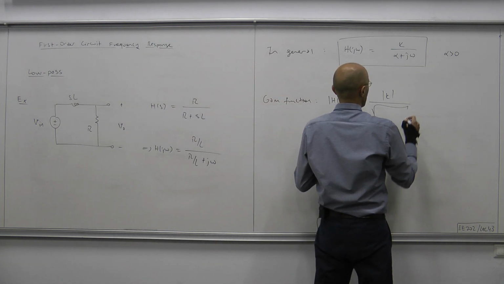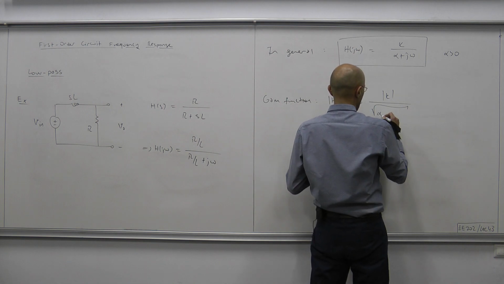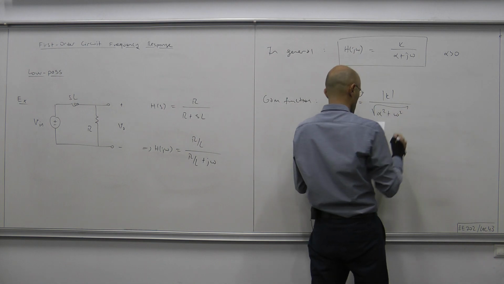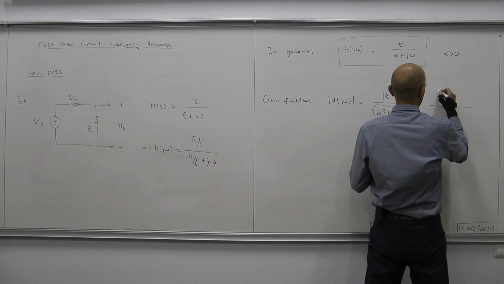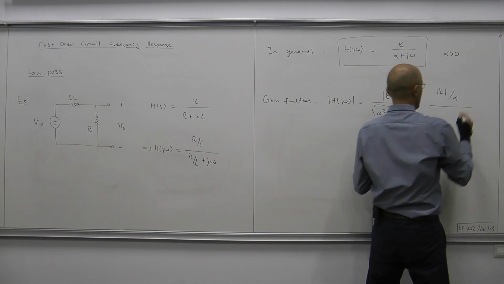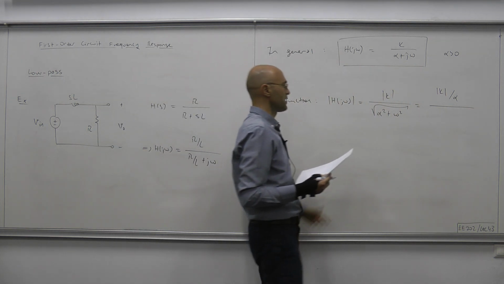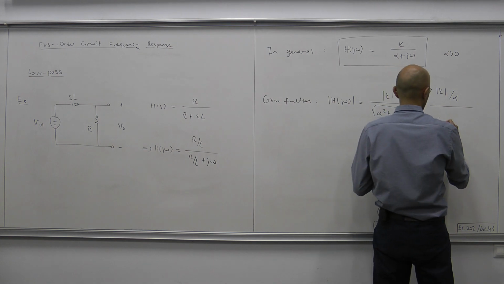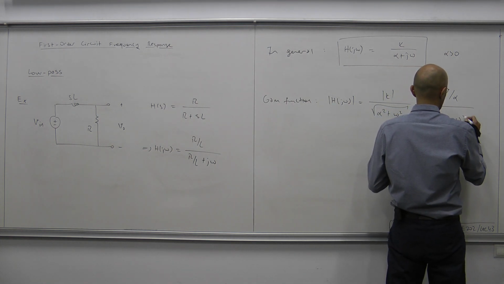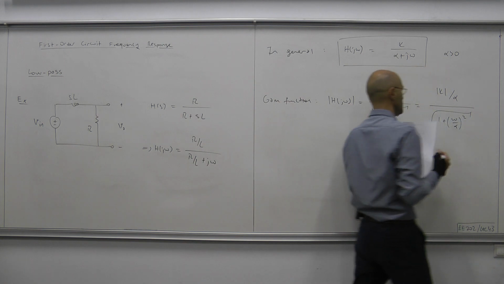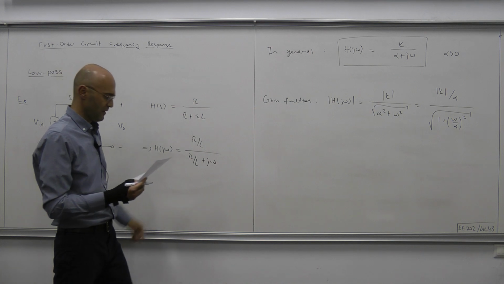As for the magnitude of the denominator, we have the square root of alpha squared plus omega squared. Let's write this in the following form, which will make us see certain things more clearly: the absolute value of K over alpha, divided by the square root of 1 plus omega over alpha, squared. So that's the gain function.